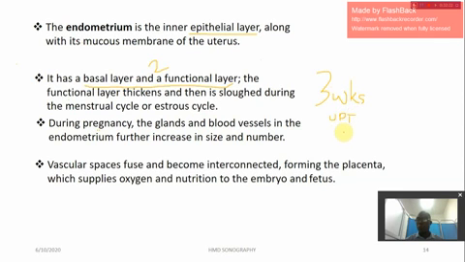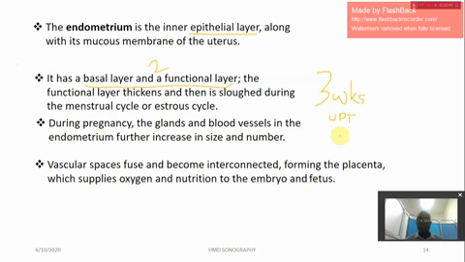The scan will not show a gestation sac in the endometrium, but you can see the endometrium will be thickened, with high vascularity. If you put it under Doppler, you see blood flowing into the endometrium, and the hormonal level will be very high if you do a hormonal assay.